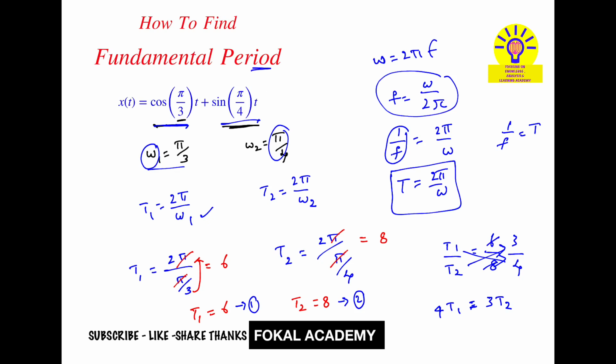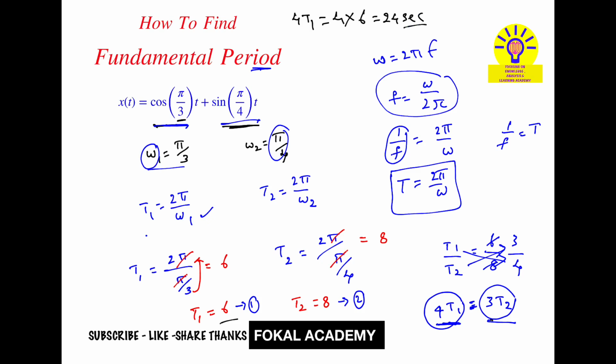The fundamental period is a function of T1 or T2. Whether we use this equation or that equation, both are equal, so either gives the fundamental period. In terms of T1 it becomes 4T1, and in terms of T2 it becomes 3T2. Now take 4T1: it gives the fundamental period, that is 4 into T1, we got 6, that is 24 seconds.